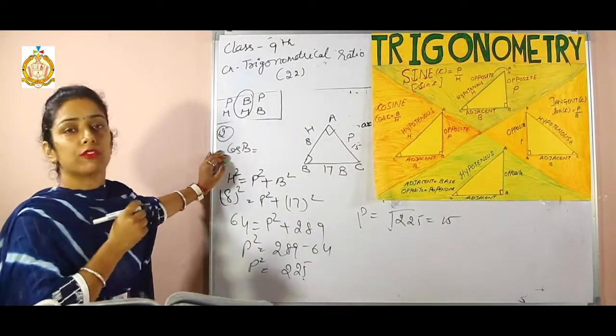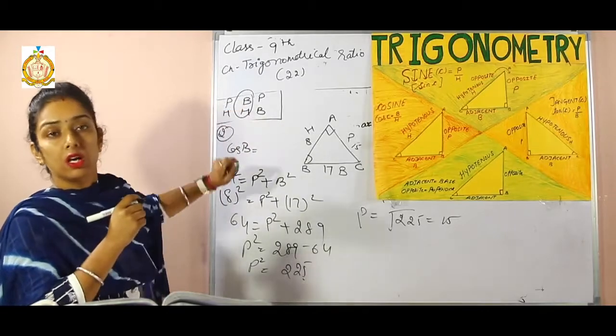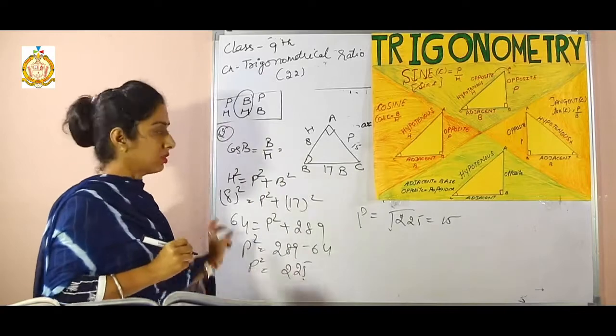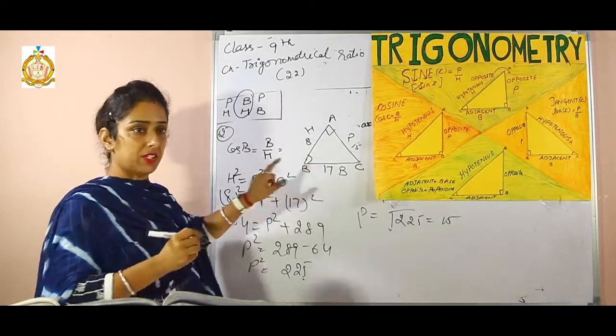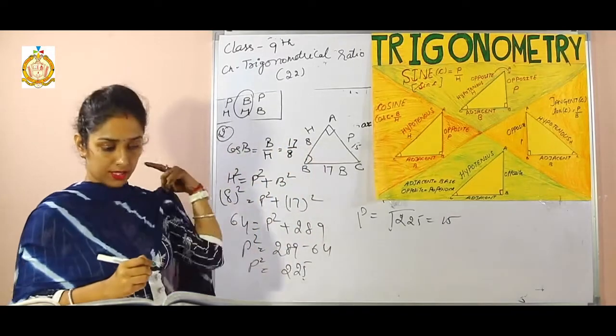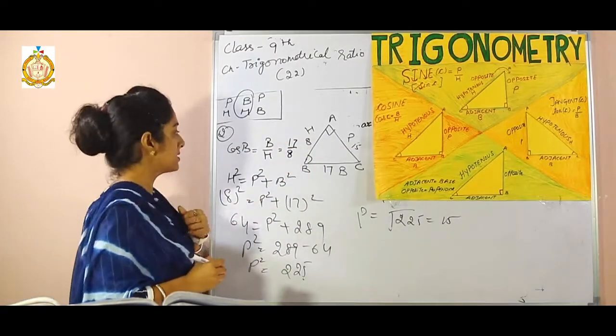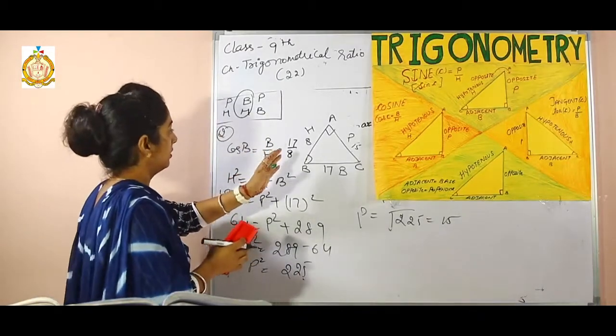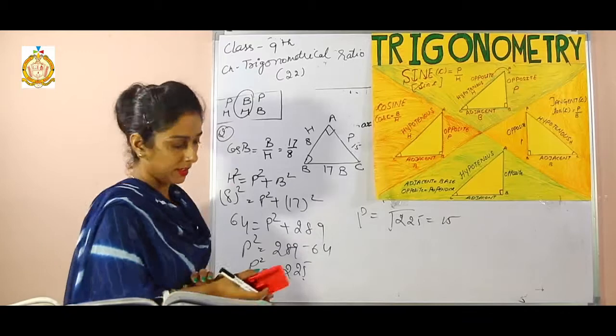Now what is the formula of cos B? That is B over H. Now what is B? B is 17 and what is H? That is 8. So B over H is 17 over 8.